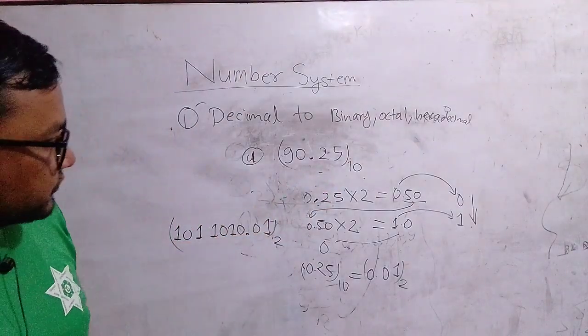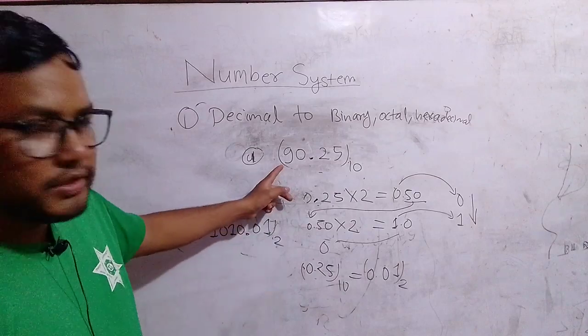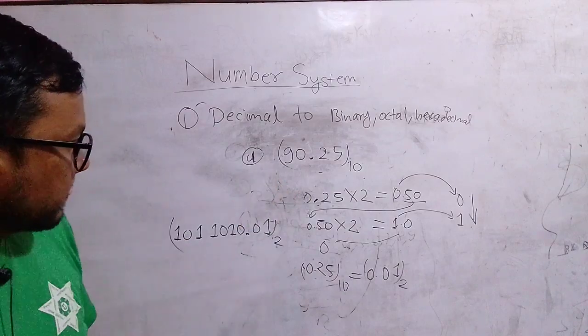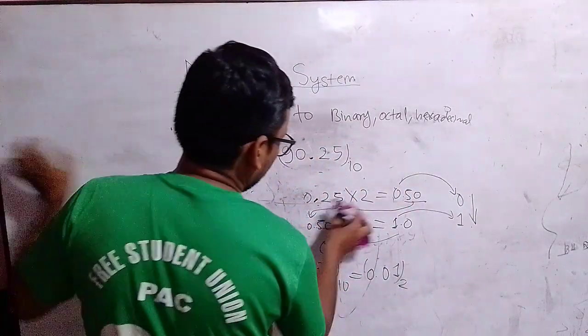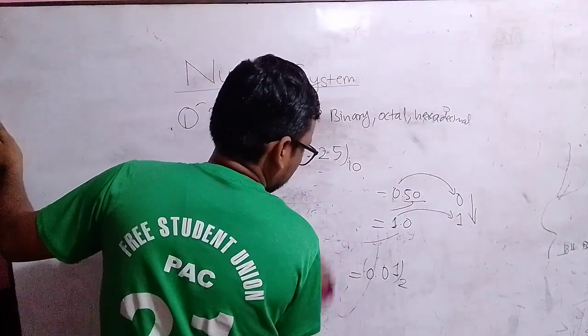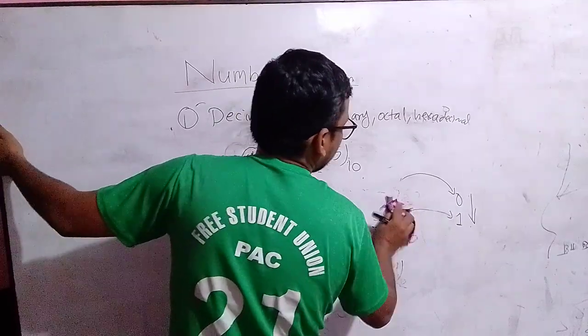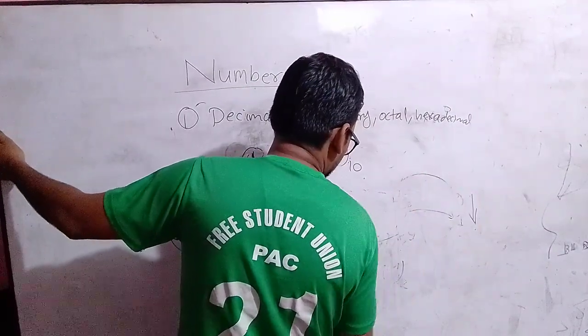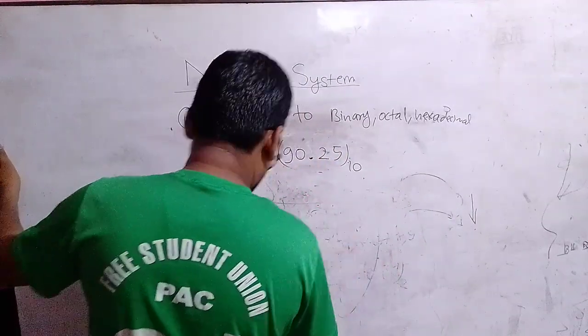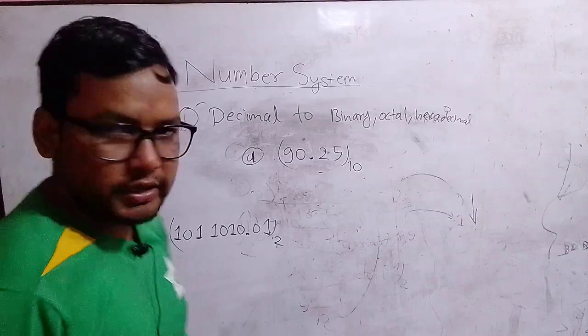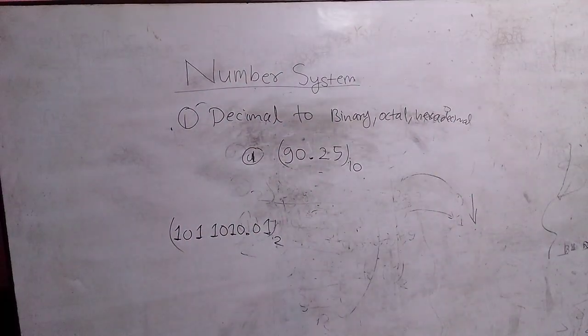Now similarly, to convert this into the octal number system, we use the same method as for binary. We need a calculator to perform this.